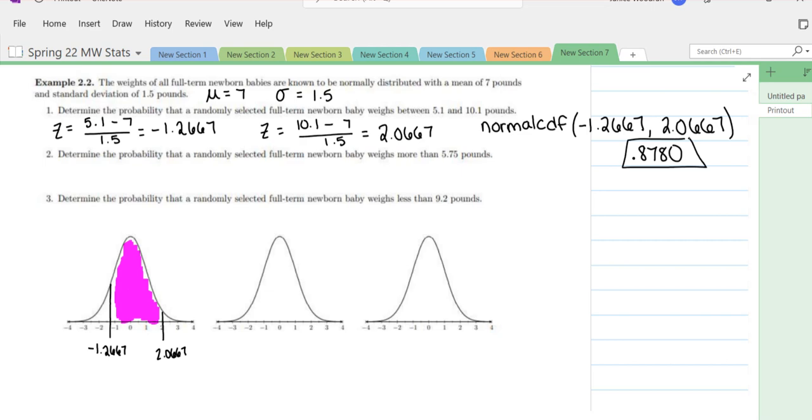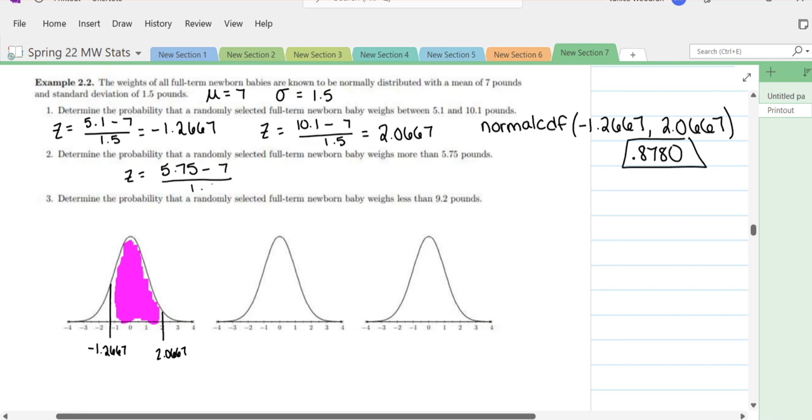Then the next one, determine the probability that a randomly selected full-term newborn baby weighs more than 5.75 pounds. So this would be greater than 5.75, so 5.75 would be our x. Subtract that from 7, divide by 1.5.